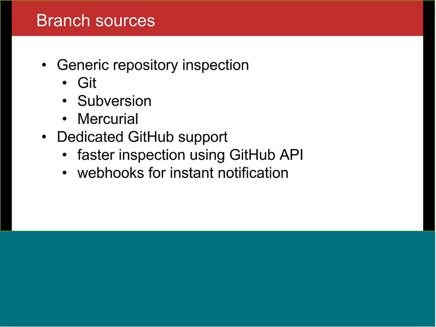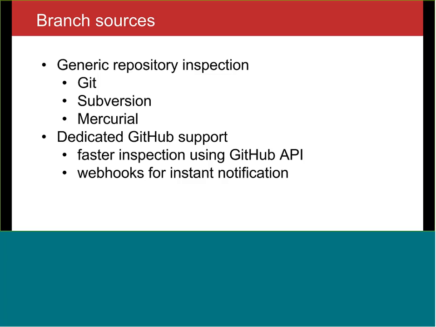So then how do you find the different branches that are available? There's a generic inspection of source control repositories that's available for Git, Subversion, and Mercurial currently. It can be extended to other Jenkins source control plugins. And we're also building a dedicated GitHub support that replaces the generic Git integration for the case of people hosting their code on GitHub.